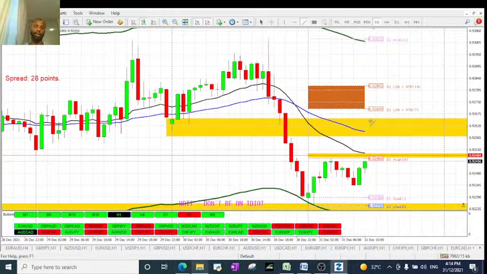What do I mean by price losing momentum? If the move is too intense coming into here, you wait to start seeing small candles, small candles, then we hit it real hard, going short.